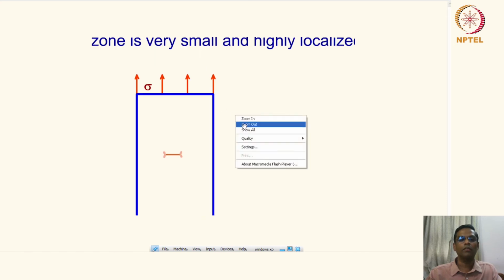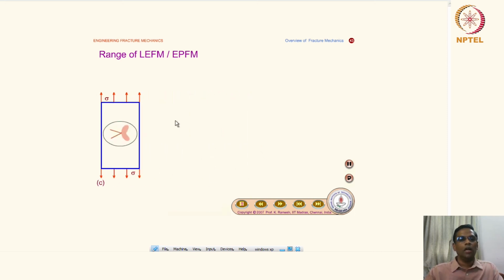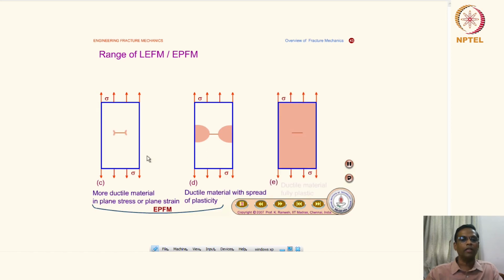Yeah, go back. So, what is the next? More ductile material in a plane stress or plane strain condition. And then you can see that the ductile material with the spread of plasticity, the plastic zone size is very big. You can see that.